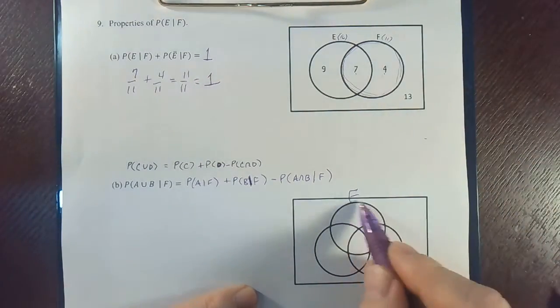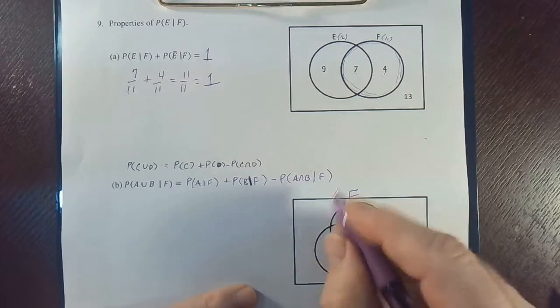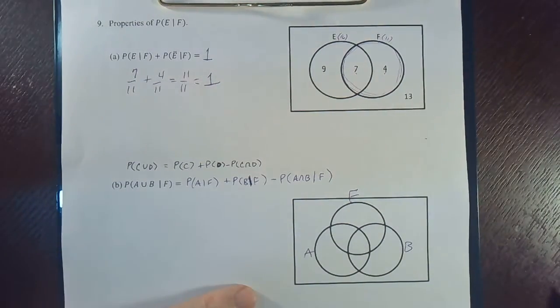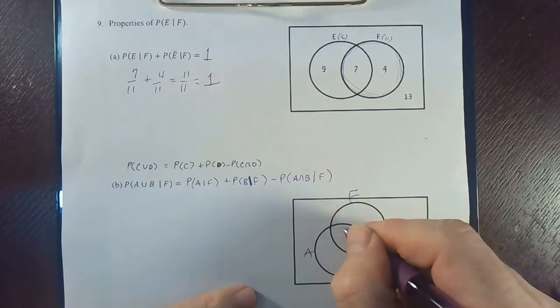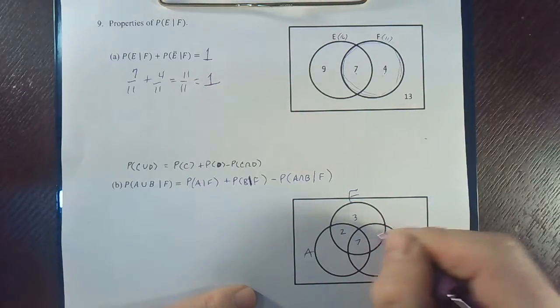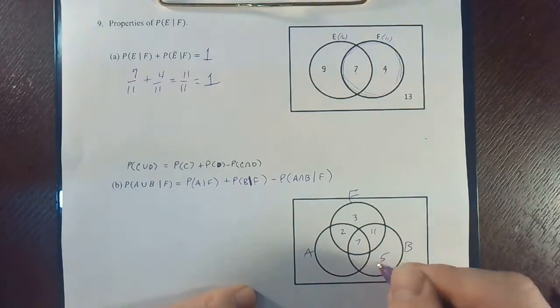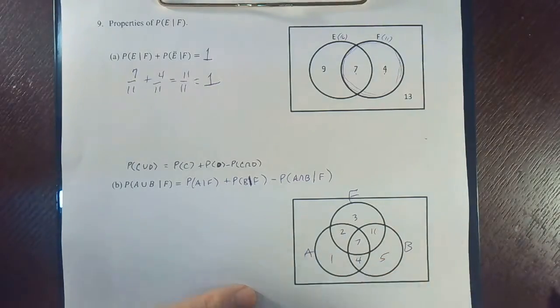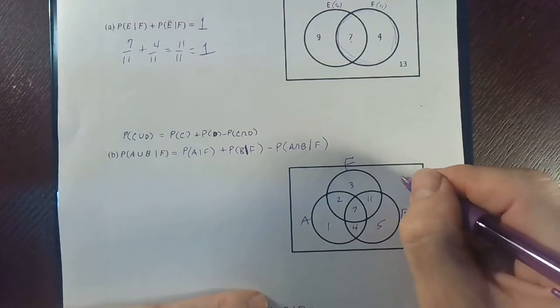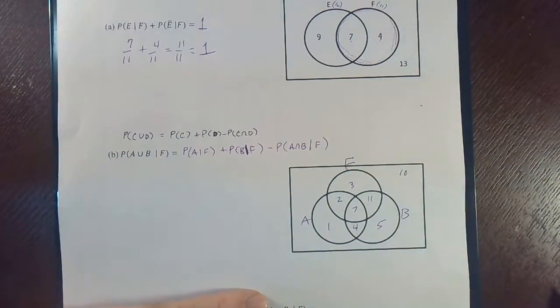We'll call this circle F, and then the left circle A, and the right circle B. And maybe I'll write some numbers in here, like 2, 3, 7, 11, 5, 4, 1. I just randomly put some numbers out there, and you can put a number outside the circles, it won't affect it.